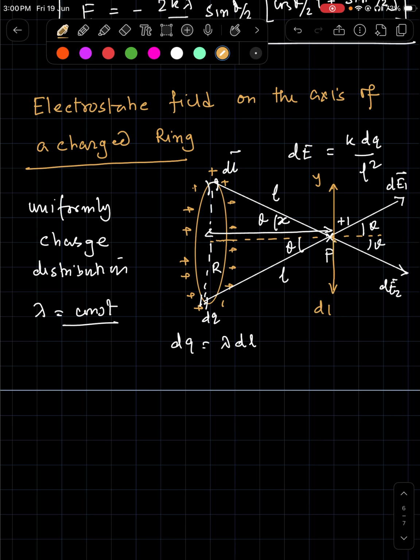So here dE2 sine theta, here dE1 sine theta, and along the x-axis the components are dE1 cos theta and dE2 cos theta. So the total component is (dE1 plus dE2) cos theta.